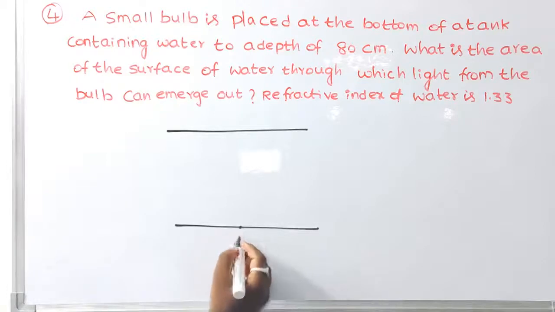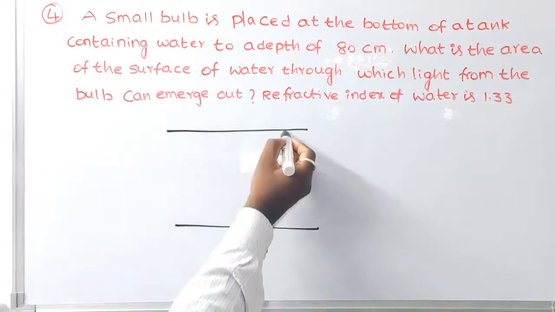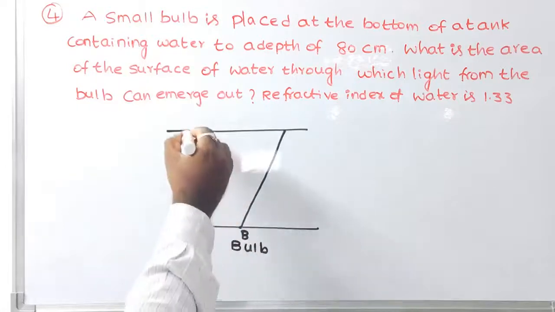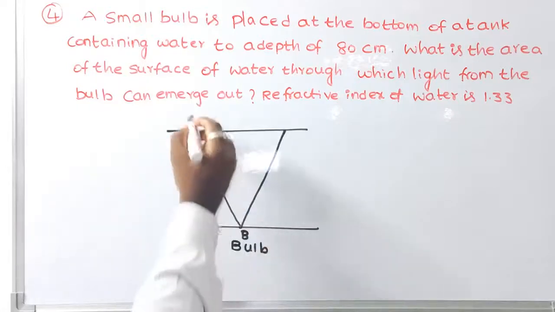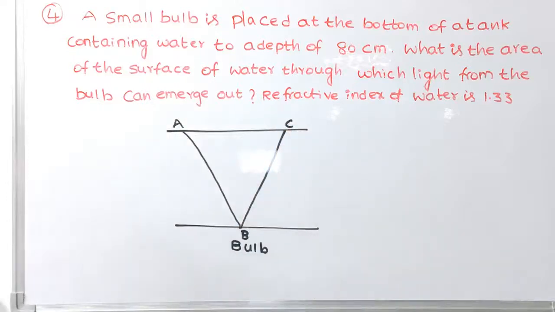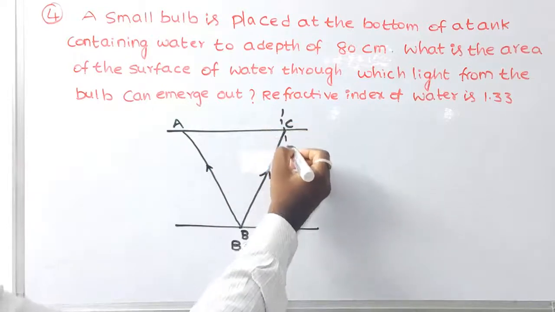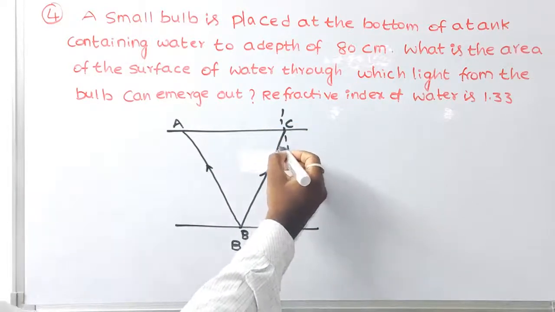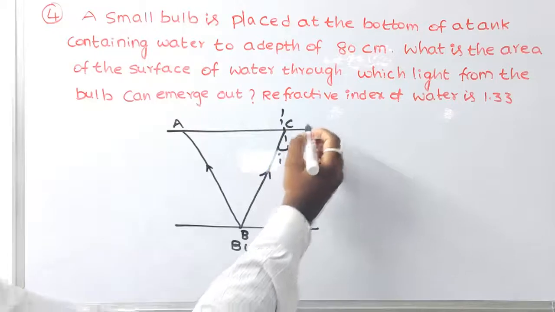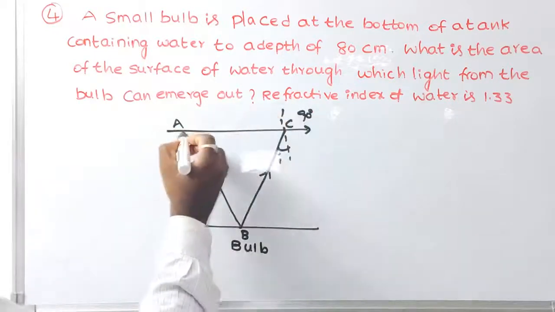In this one, this point is B, that is the bulb. Okay, in this one, this is the point A, this is the C. Okay, incident ray, angle of incidence, so 90 degree in this one.